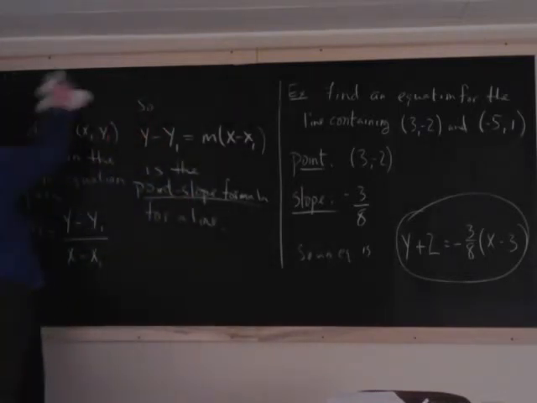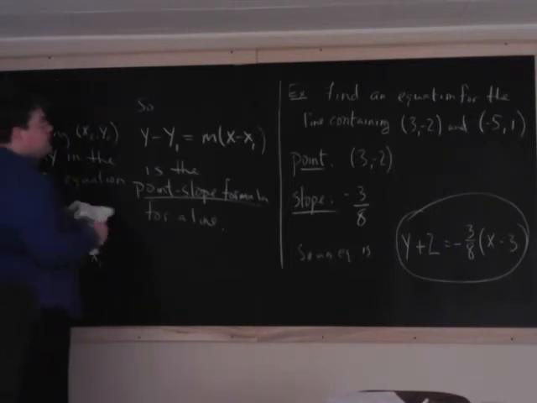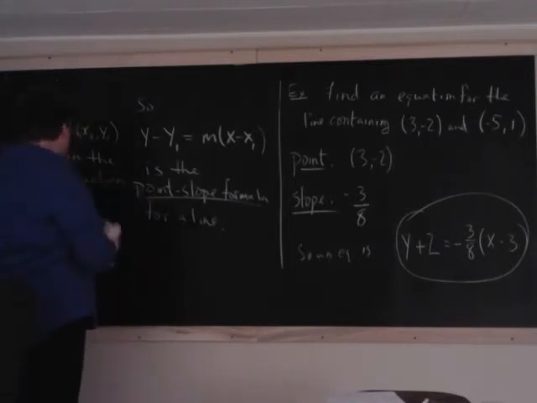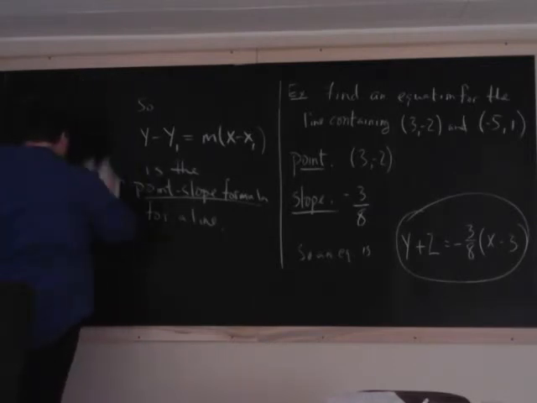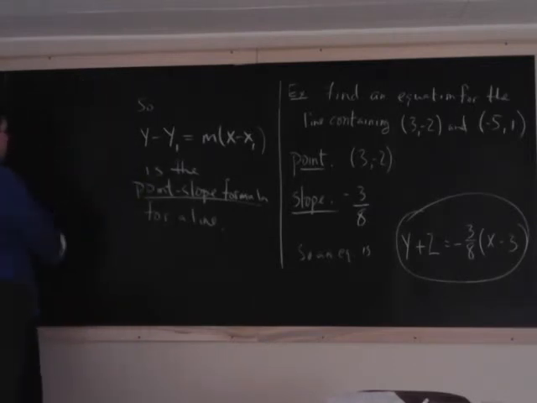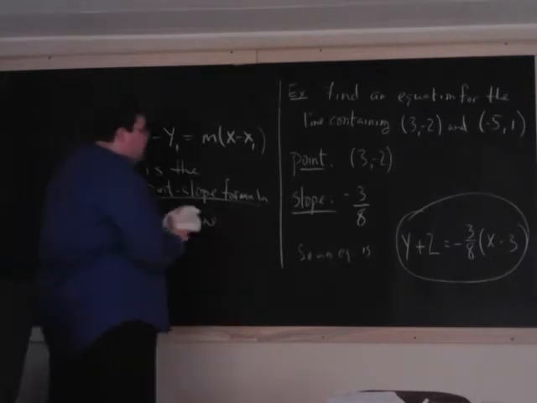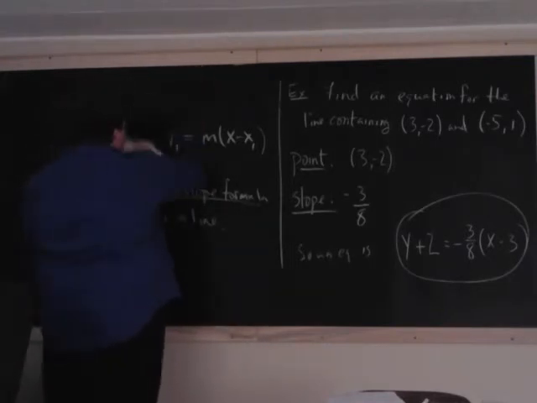Right here, the only computation where you can make a small mistake is finding the slope in that example. You could write a negative wrong or put a number in the wrong spot. But with the slope-intercept method, there are a lot more places you could go wrong.